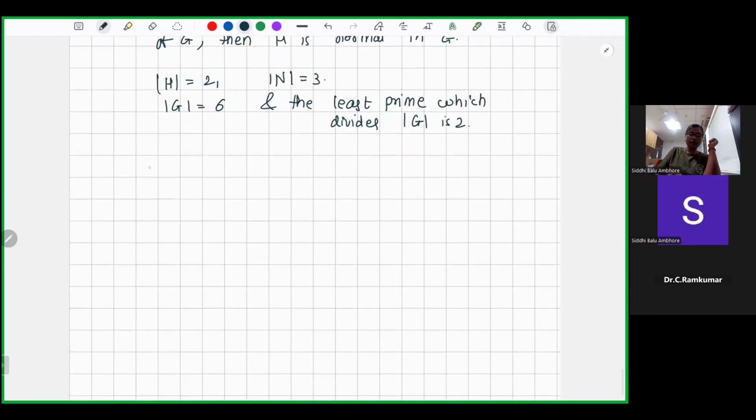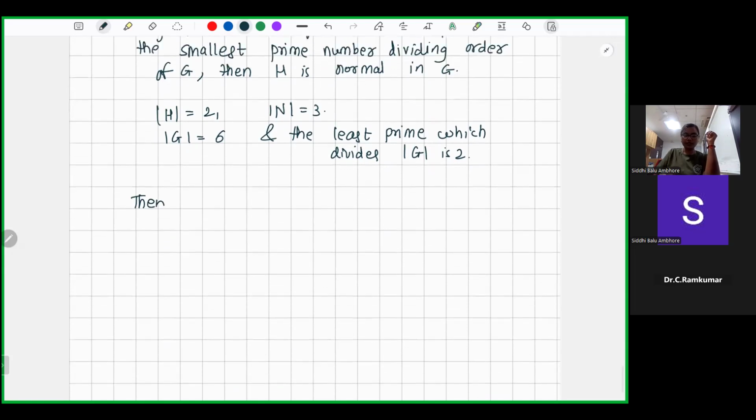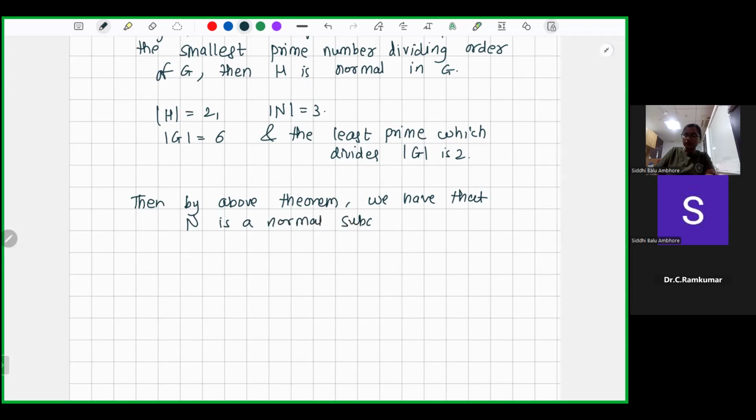So by the above theorem, we will have that N is a normal subgroup of G, right?